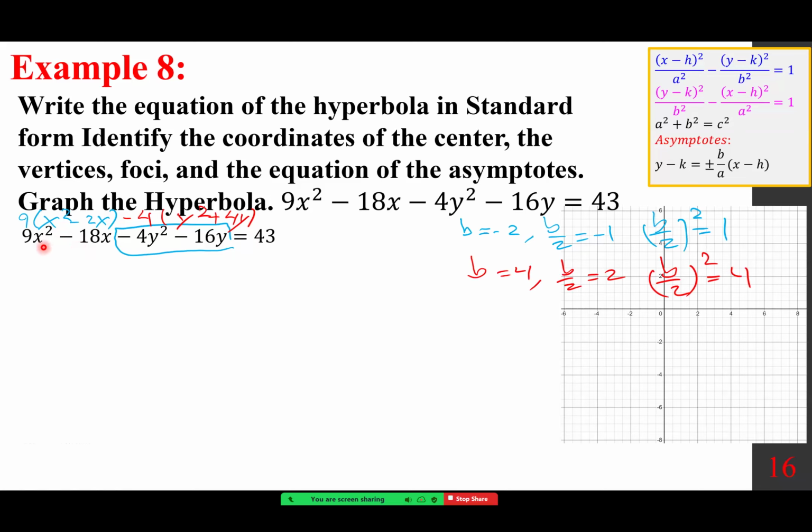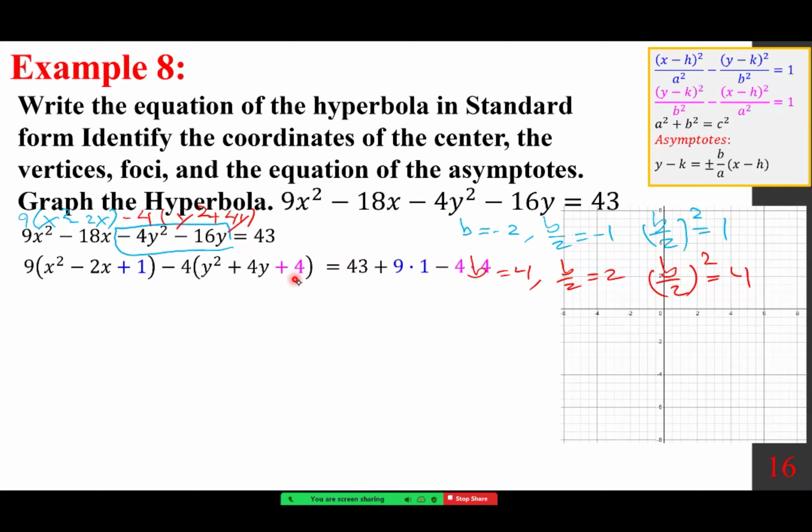That means we need to add 1 for this one, which means you're adding 9 times 1, and you add it to both sides. You need to add 4 for this one. That means you're adding -4 times 4, that means -16. So again, when you add 1 here, you add 9 to both sides. When you add 4 here, you're adding -16 to both sides. That's the concept. Okay, let me erase my work so you can see that.